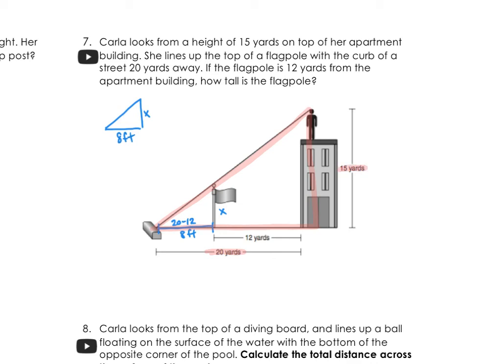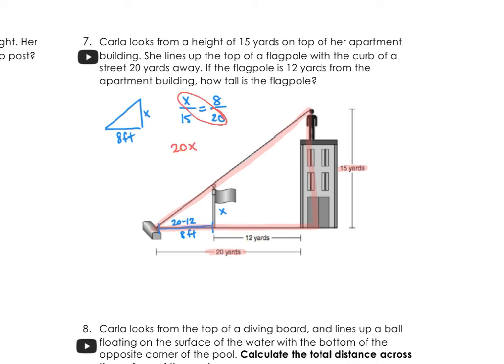So using these two triangles, my blue triangle here and my big red one, we're going to set up our ratios. So it's going to be X over 15. So that's the vertical over the vertical equals the horizontal, 8 over the side that matches up to 8, which is 20. So now we cross multiply.